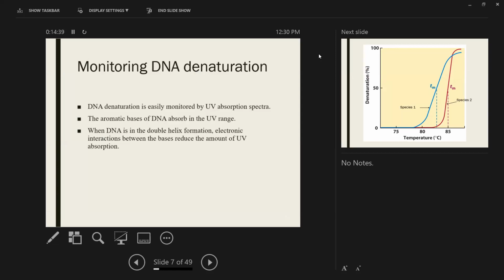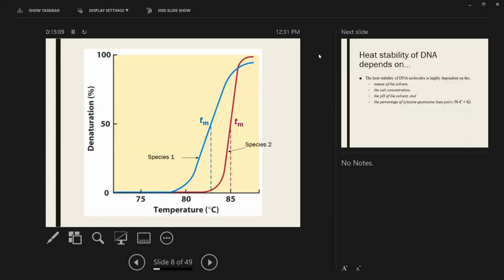Once they're in a double helix, because of stacking interactions, the whole helix absorbs, not the individual bases. So now the absorption goes down, and it goes down a bunch. By detecting the change in absorption at A260, you could tell when a helix had melted. Much, much easier.